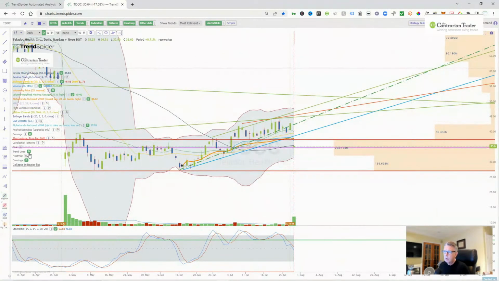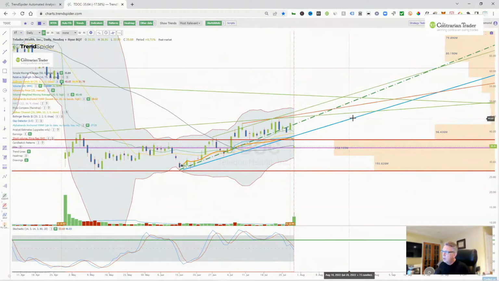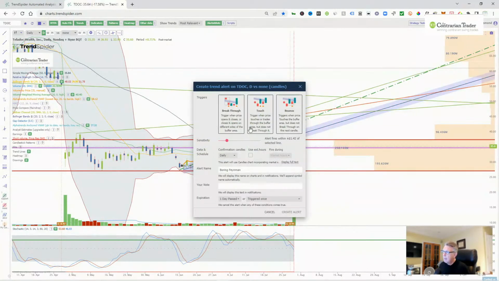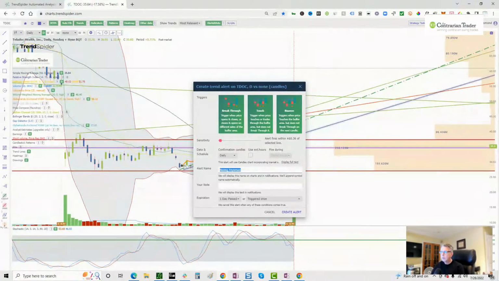Again, folks, another example, automated trend lines. Boom. Here's your uptrend channel. So what you could do here, if you wanted to buy more or set a stop, I'll share this chart with you.